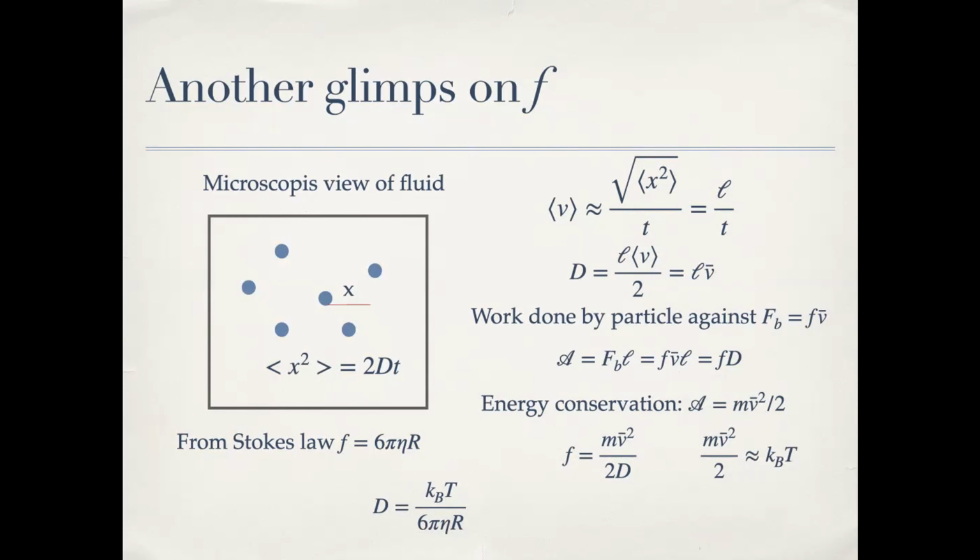The diffusion coefficient is the temperature divided by the viscosity coefficient times the radius of the particle. And that is a fundamental expression from the microscopic theory of liquids and gases, which is called the Einstein-Stokes law.